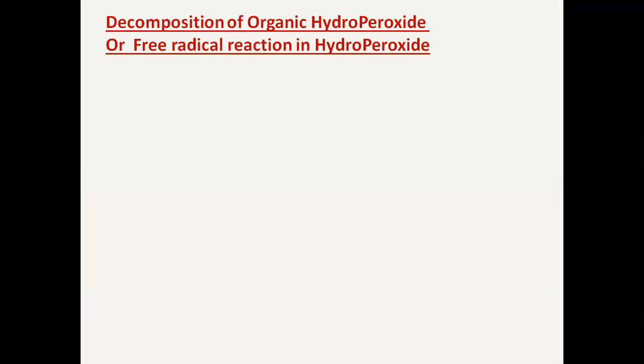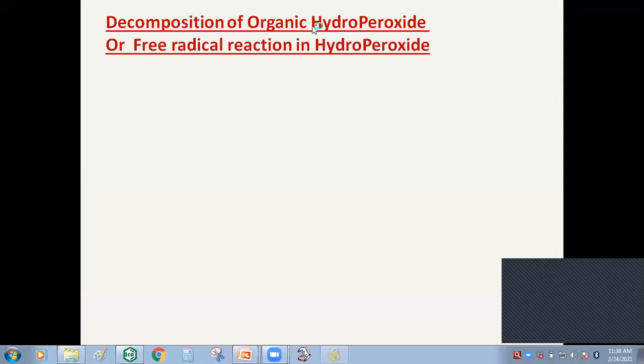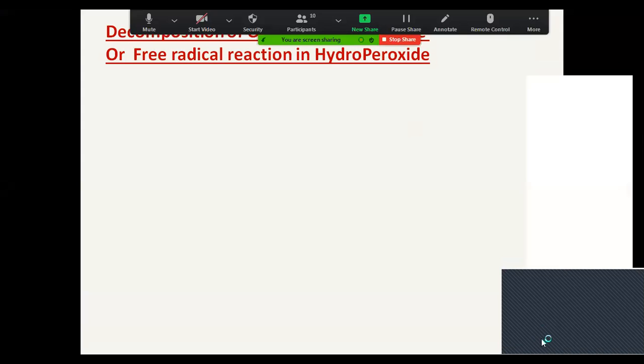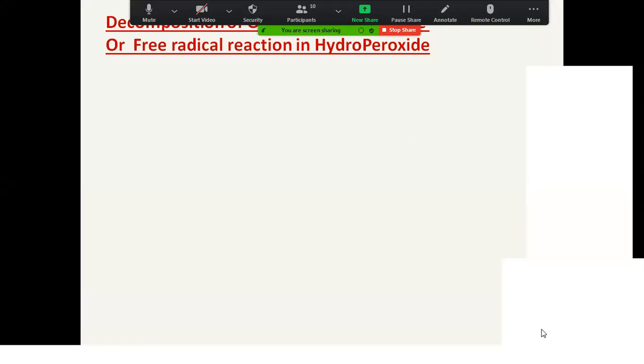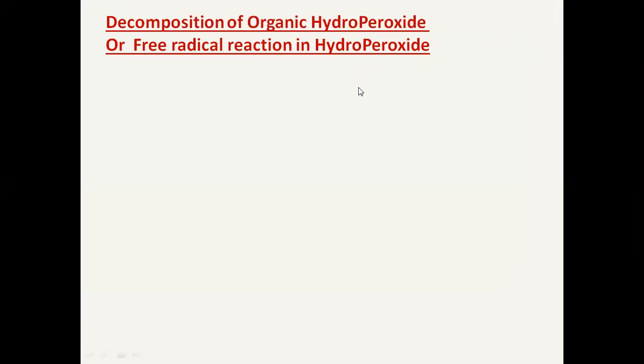So let us go for the next point: how organic hydroperoxides can be converted into free radicals, how free radicals can be synthesized, and how the free radicals can be converted into different types of products.